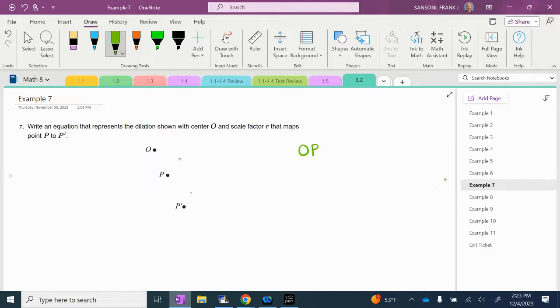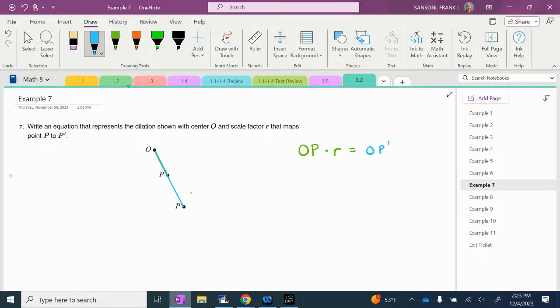OP is my original. So OP times the scale factor will give us OP prime. So for this one, these are ugly numbers.